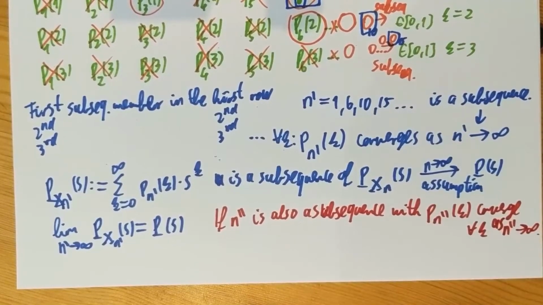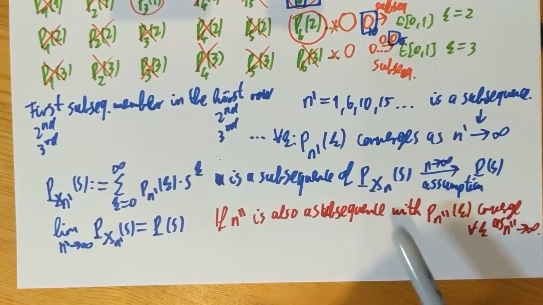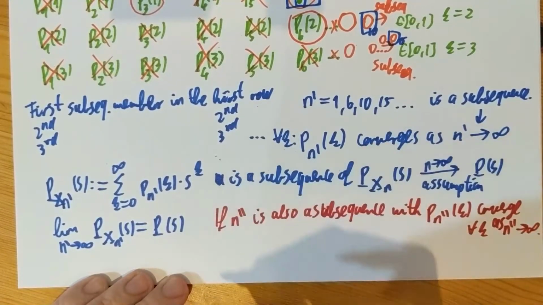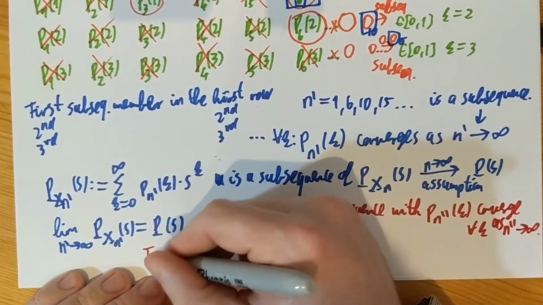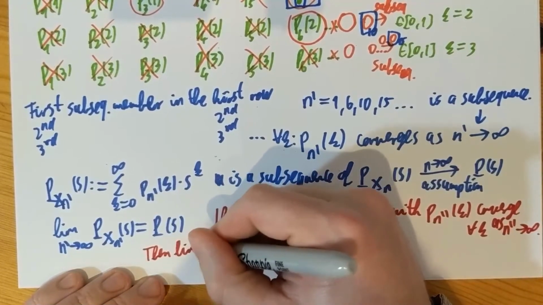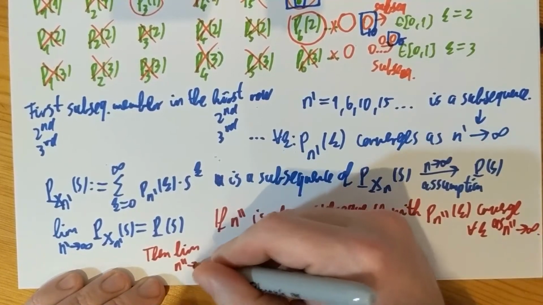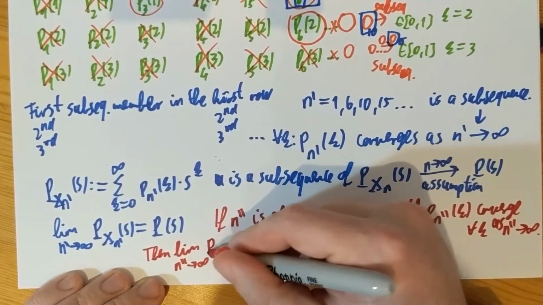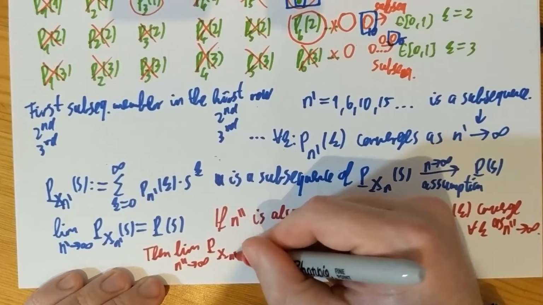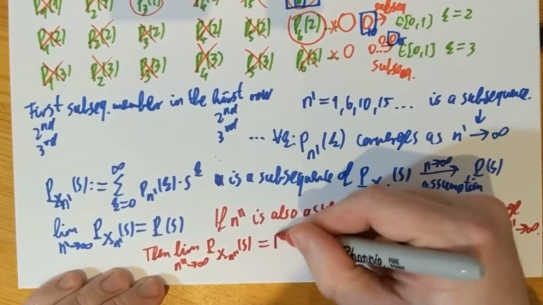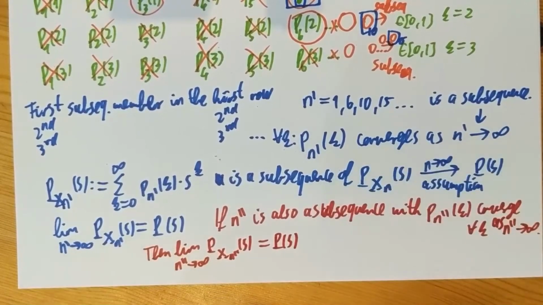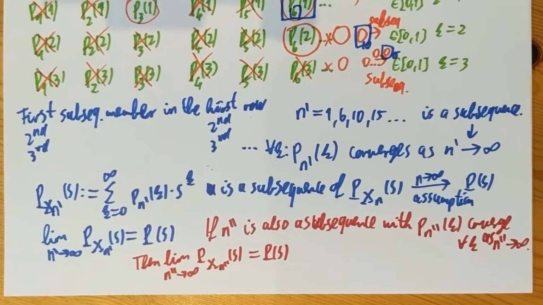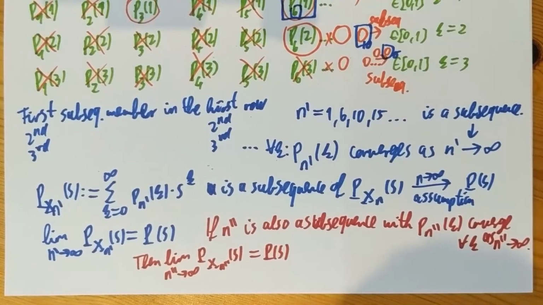Suppose that we have another convergent subsequence like that, then the same argument holds. The limit as n double prime goes to infinity of p of x n double prime exists and is equal to p of s. Okay? So now comes the final piece of the argument.